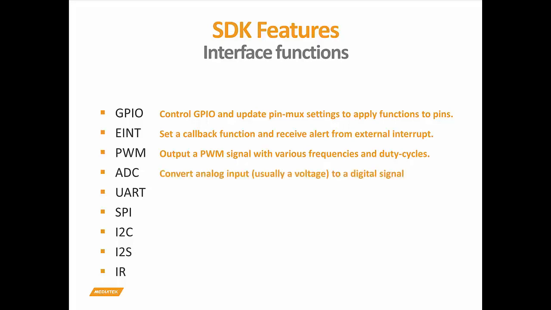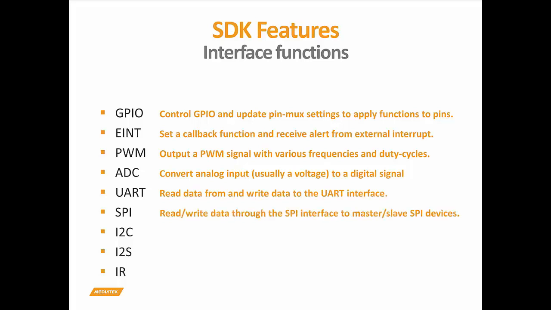The analog digital converter converts analog input, mostly voltage, to a digital signal. UART, where you can read or write to a UART interface. SPI, read and write again to an SPI interface, as a master or a slave device. I2C, read-write data through the I2C interface.